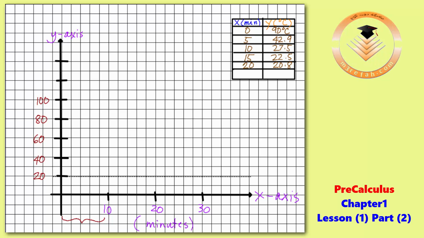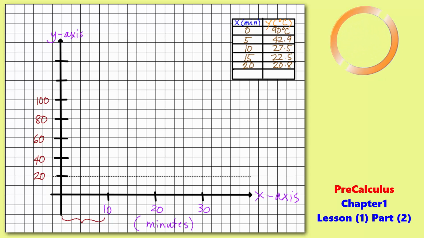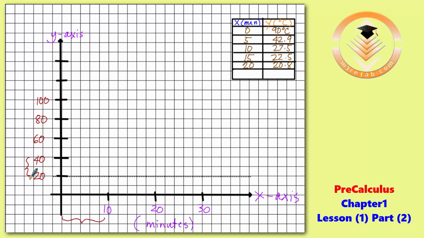In this case, my preference is to scale by 10 on the x-axis, and on the y-axis, I have intervals of 20. So it depends on you. You could use intervals of 1, 2, or 5, and so on and so forth.